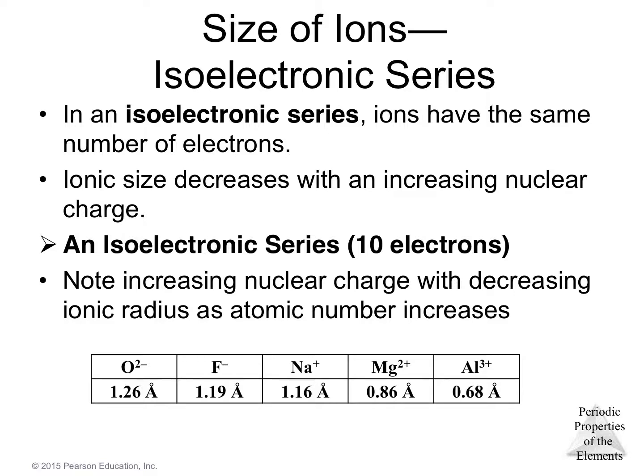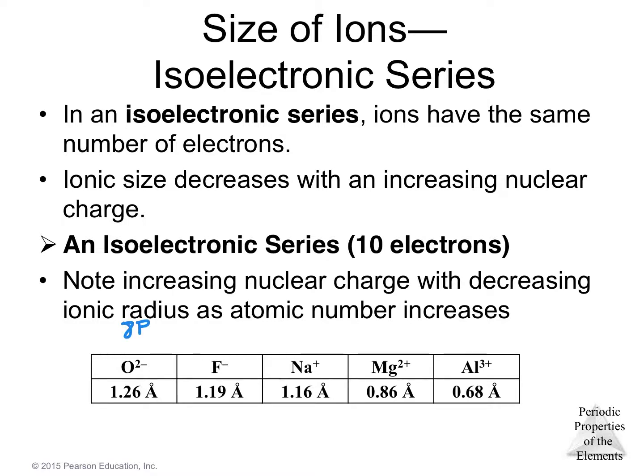Sometimes we are asked to compare the sizes of several ions. Generally, these will be in what is called an isoelectronic series. That means that these are a series of ions that have the same number of electrons. I'm going to explain this by showing a series of examples. Consider oxygen. Oxygen has 8 protons.